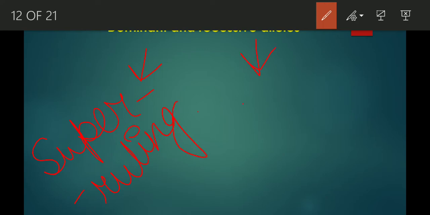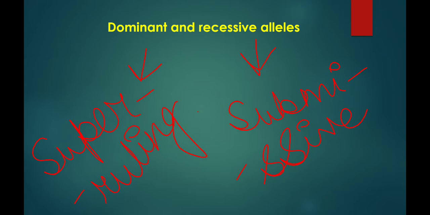And recessive allele is the subordinate or submissive allele. That means when a dominant allele is present, then a recessive allele will not be expressed. But in the absence of a dominant allele, the recessive allele will be expressed. Okay. So dominant allele is a super ruling allele. It will dominate the recessive allele, and recessive allele means it will be submissive.